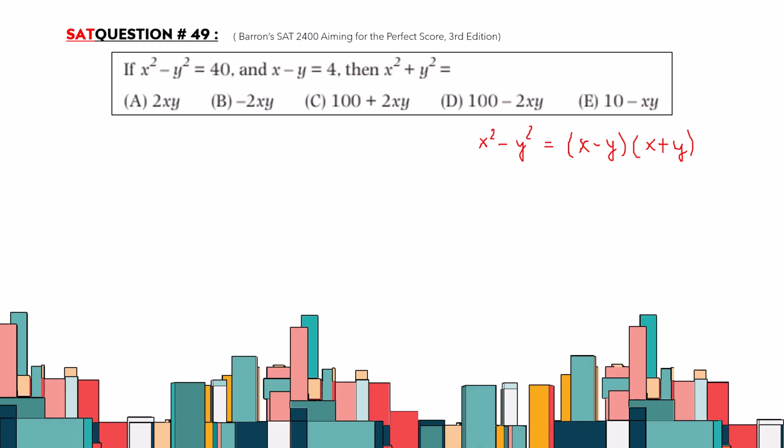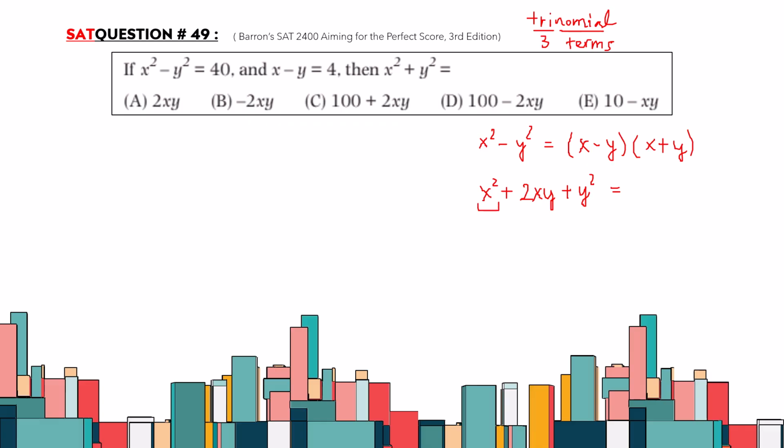The second one is the perfect square trinomial. So we have x squared plus 2xy plus y squared. That trinomial, tri means 3, nomial means term.